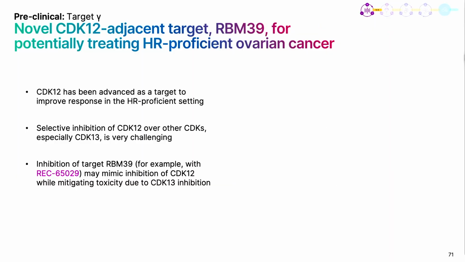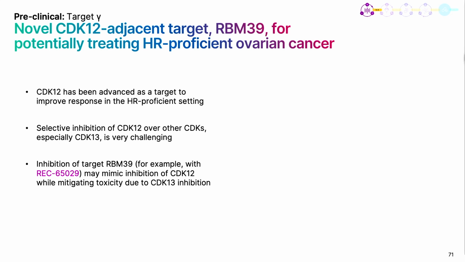So now, hopefully, the part you have all been waiting for: how did we identify RBM39 as this alternative target for CDK12? We started with CDK12 because it's been known to be a target to improve response in the HR proficient setting. But we also know that it is a challenging target to go after because it is highly homologous to CDK13, which has a number of toxic side effects.